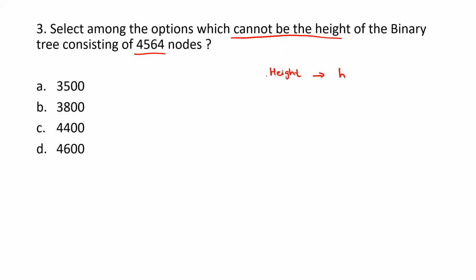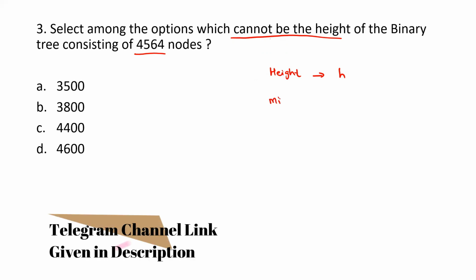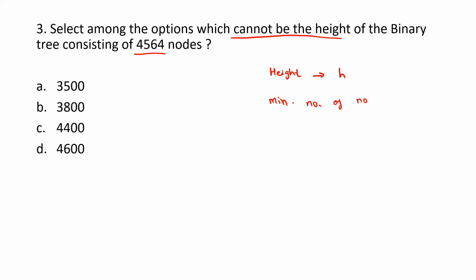Now the minimum number of nodes required to form that height would be at least h plus 1. Because let us consider an example. Let your height be 2, then there should be at least 2 plus 1, which is 3 nodes, right?